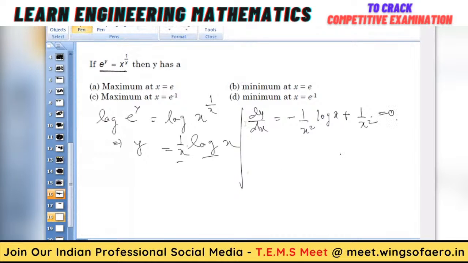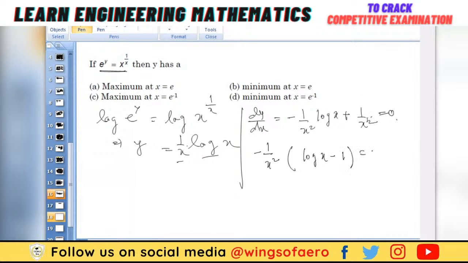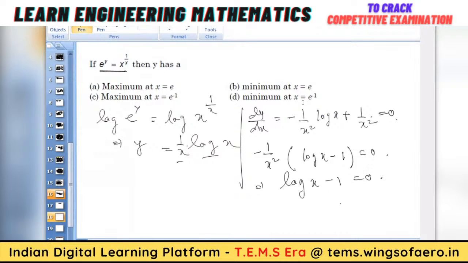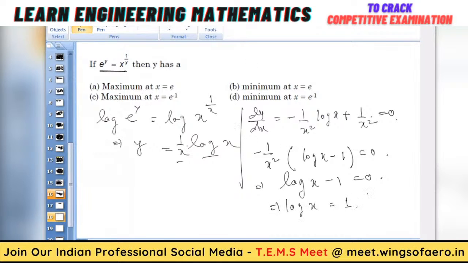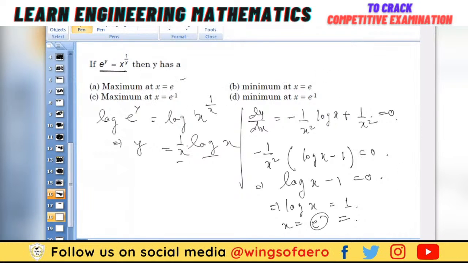If I set this equal to 0, it becomes minus 1 by x square log x plus 1 by x square equal to 0, so log x minus 1 is equal to 0. It means log x is equal to 1, so x equal to e. So only one point you can find, that is x equal to e. So either it has a maximum or a minimum there.